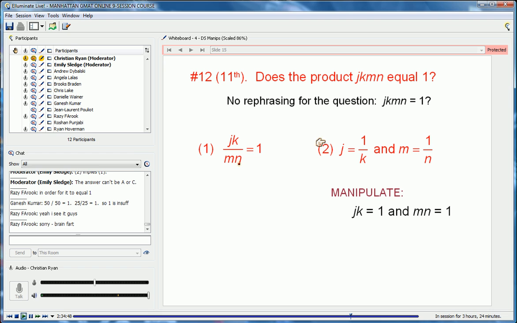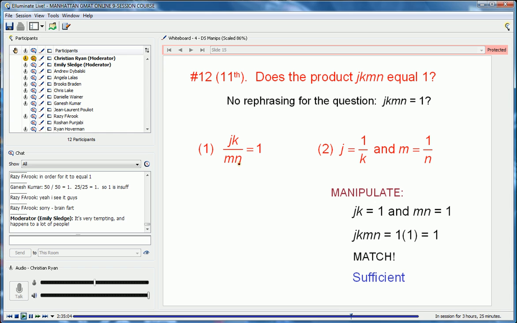In other words, if statement 2 gives it to you, and in fact it does, when you manipulate, multiplying, say, the first equation there by K, you get JK equals 1 and MN equals 1, and you get a match. That looks then, when you look at 1, like, oh yeah, that would fit here, but there are more possibilities. So don't think that because both statements are true that they necessarily tell you the same thing.